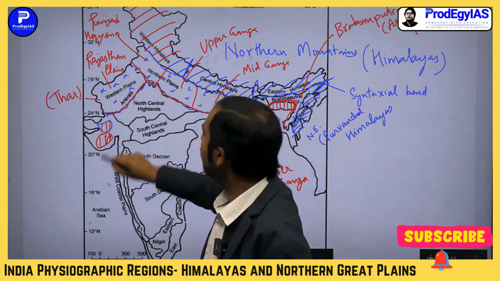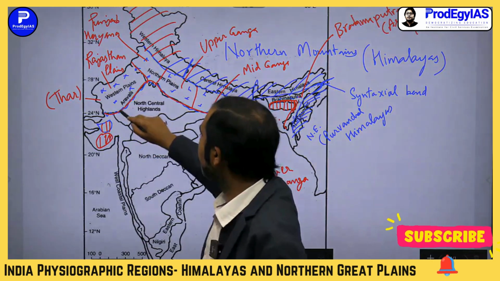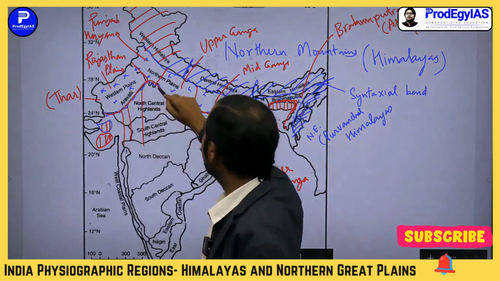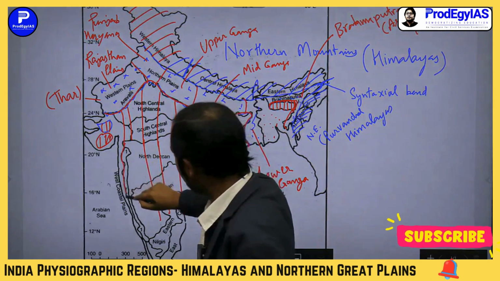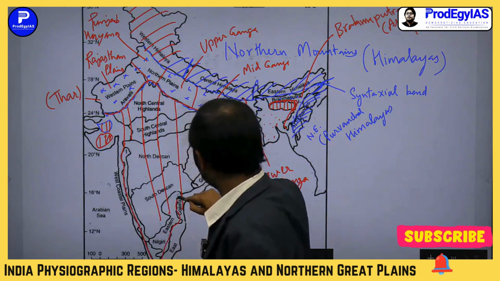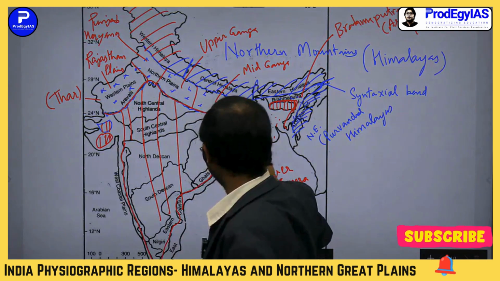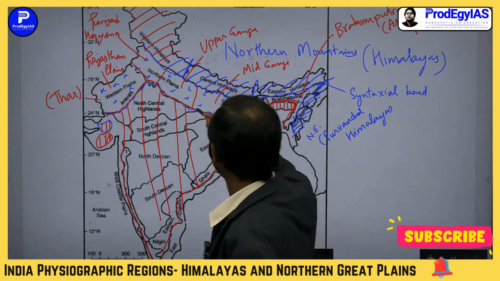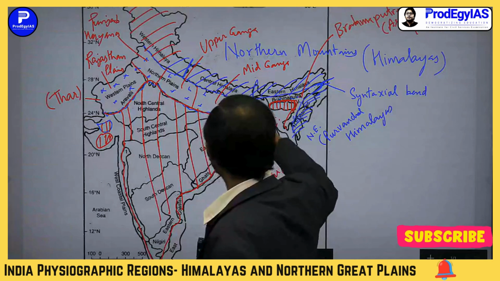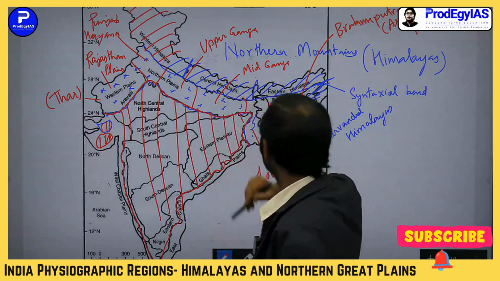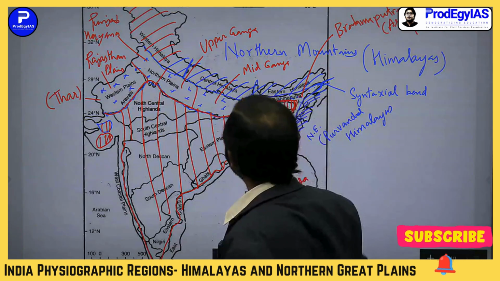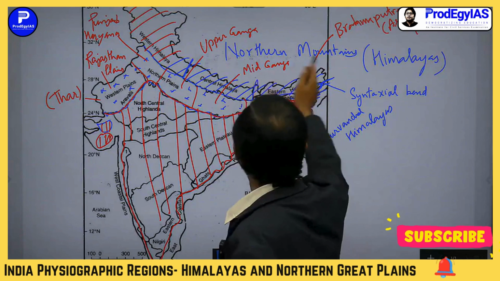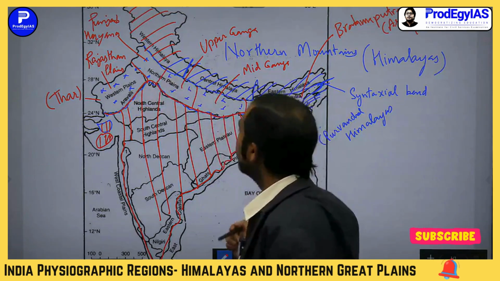Then south of it, largely all through this, except the coastal plains region, this is your third unit. First unit was Great Northern Mountains, then Great Northern Plains.